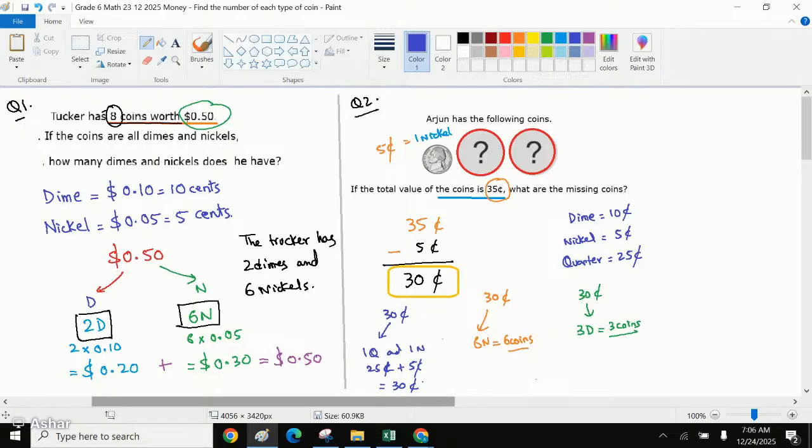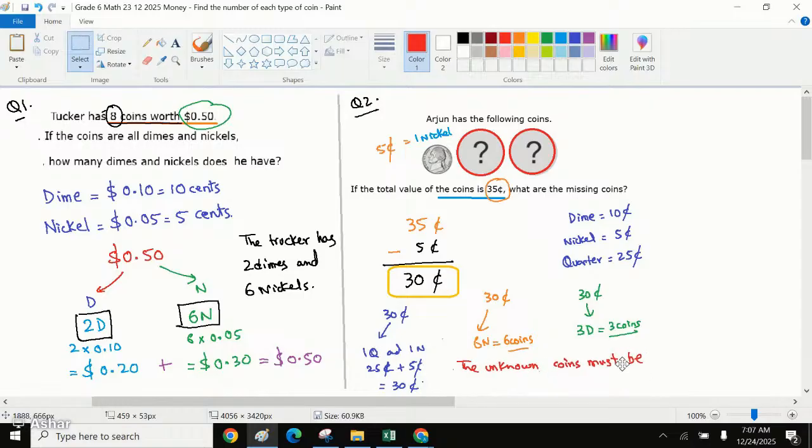So that means the unknown coins must be what they should be.